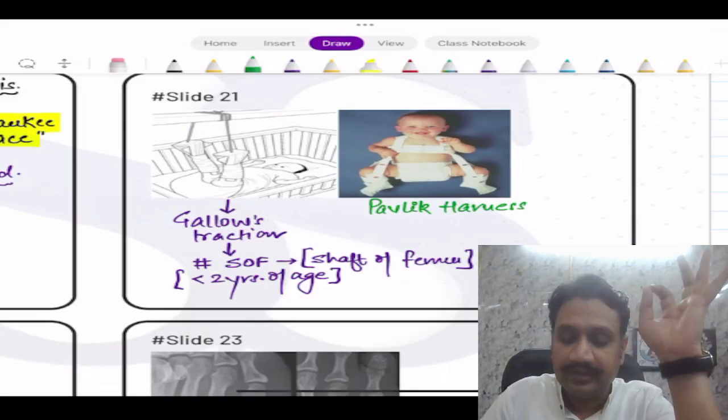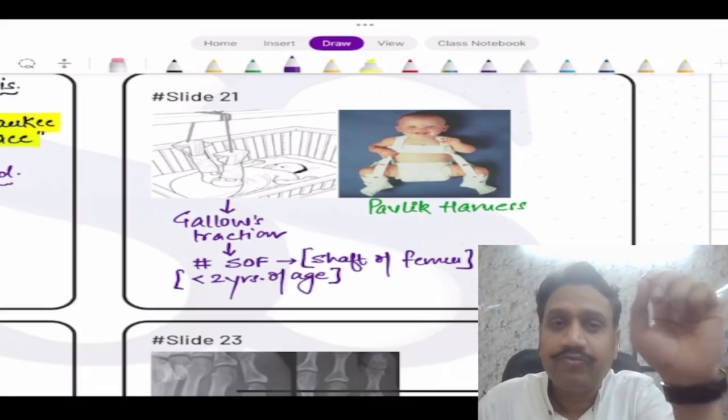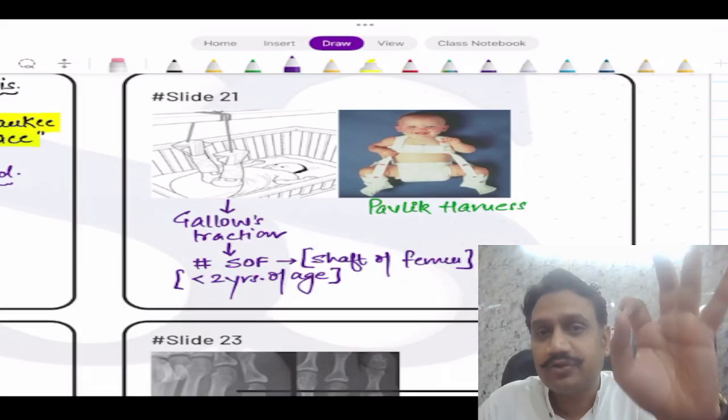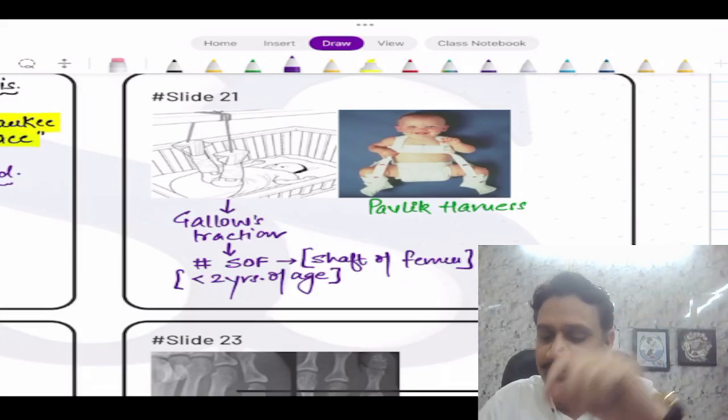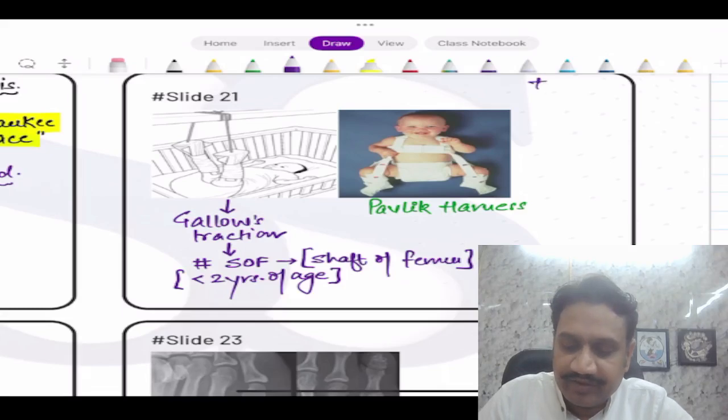Please remember the best treatment method for any child less than 5 years of age with a fracture shaft of femur: the best management can always be done by hip spica. Please remember that.